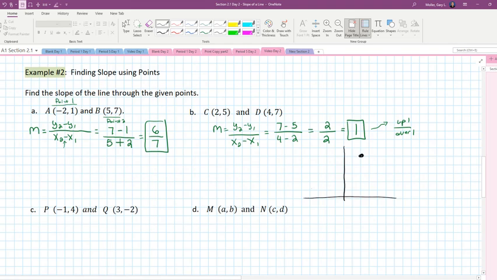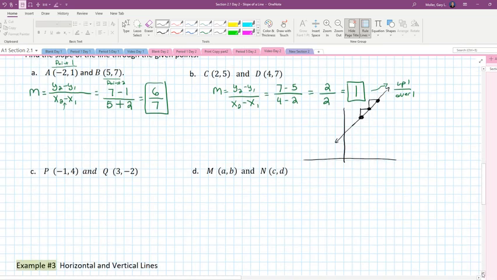And 4, 7. And so we have a line if we connected them. And what did we say the slope was? 1, meaning I go up 1 over 1, and I should hit the line. Up 1 over 1, and I hit the line. So we don't need the graph to get these right. Certainly, it's a way you can double check yourself.